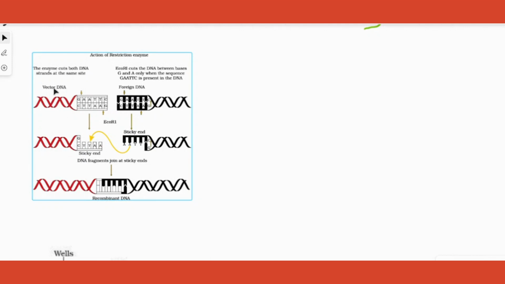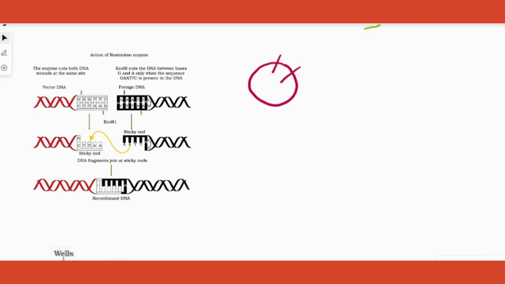At that time, I didn't discuss it because we had not covered it. So here, whatever restriction enzyme you're using to cut our gene of interest, the same restriction enzyme we are going to cut our vector also, our plasmid also. For what purpose? So that we get the same complementary sticky end on the vector as well as the gene of interest, so both can fit into each other.